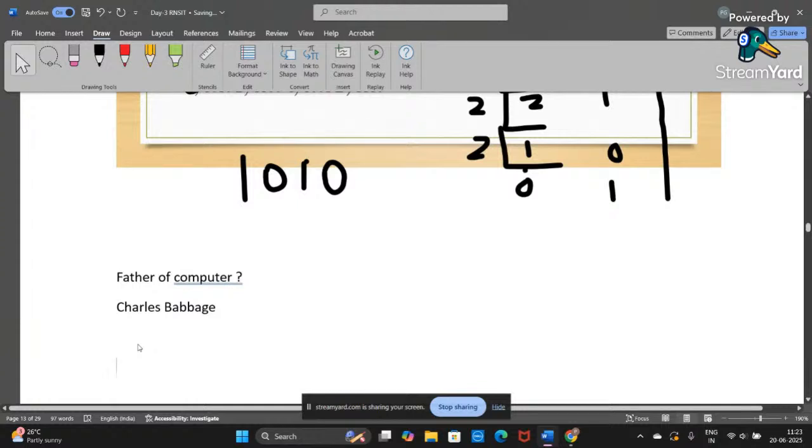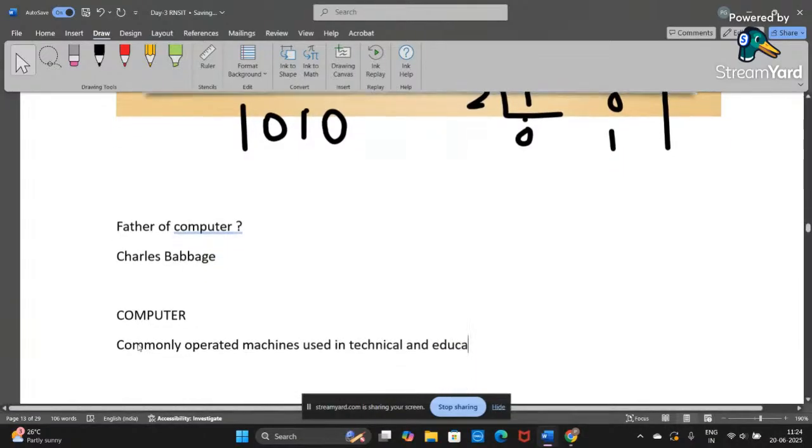Next, along with this, let us see what is the full form of computer. Computer means commonly operated machine used in technical and educational research.